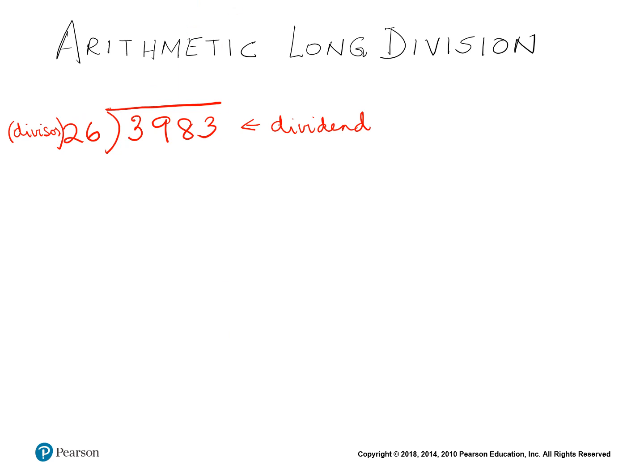So I'm going to write 1 over here on top, and I'm going to multiply 26 by 1. 26 times 1 is 26, so I'm going to write 26 here. Then in the next step, what we do is we subtract 26 from 39.